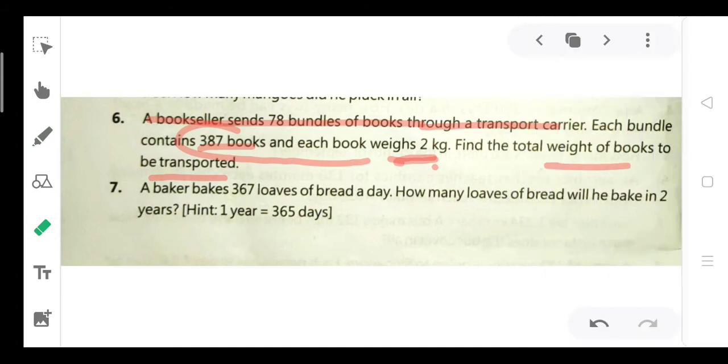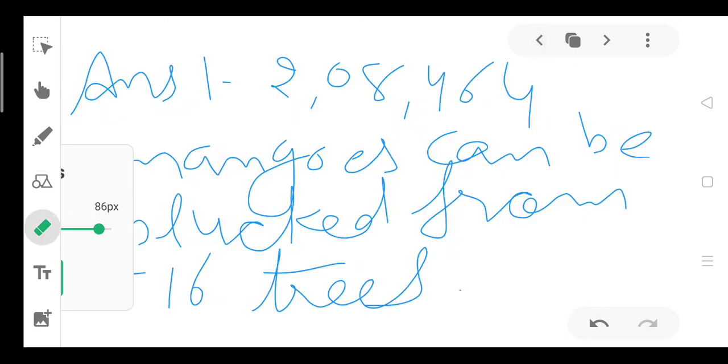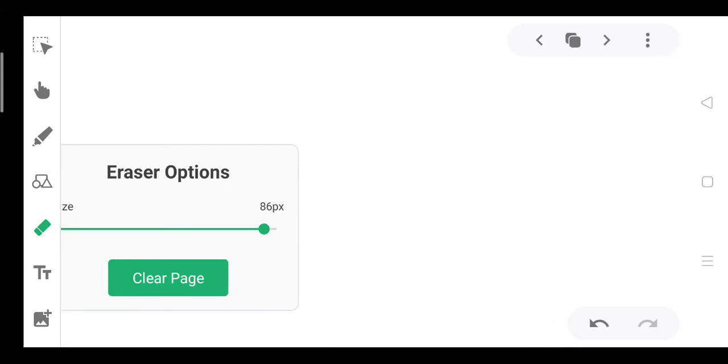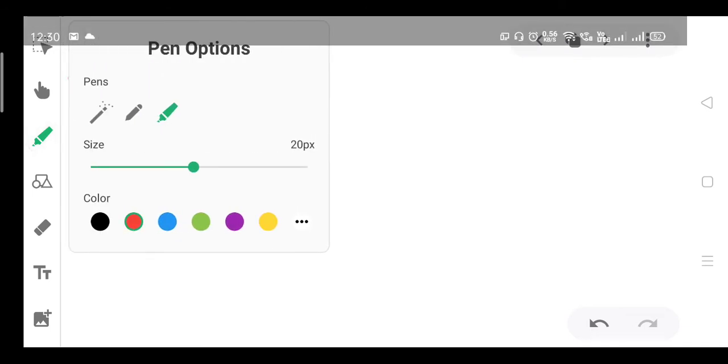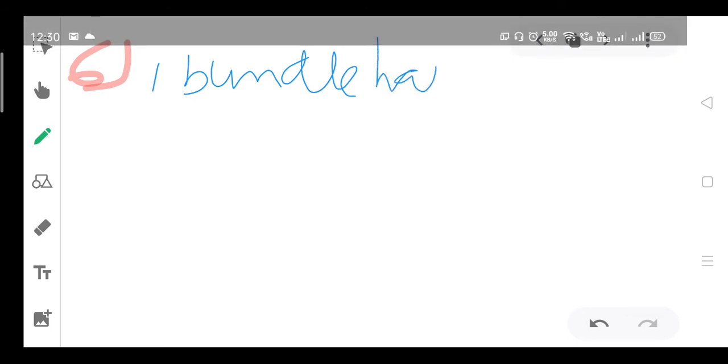We will search out one blank sheet for you, one blank screen. Yeah, here it is. Here I will explain question number 6. So see, firstly, one bundle has books. How many books are in one bundle?